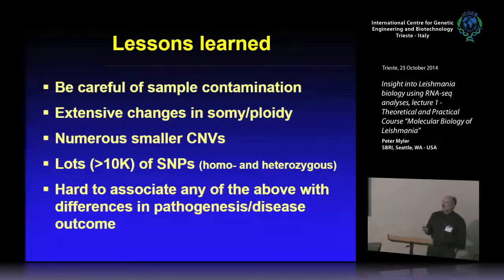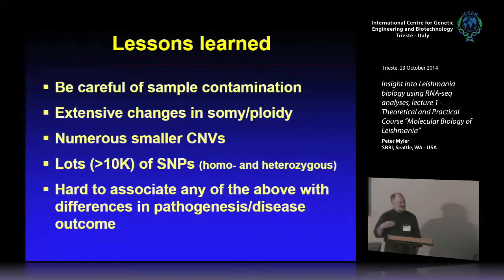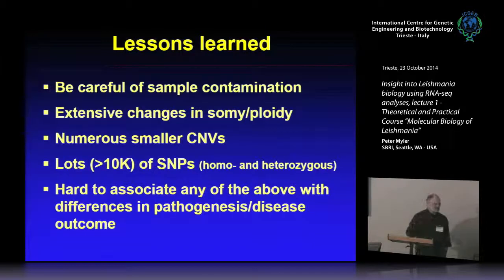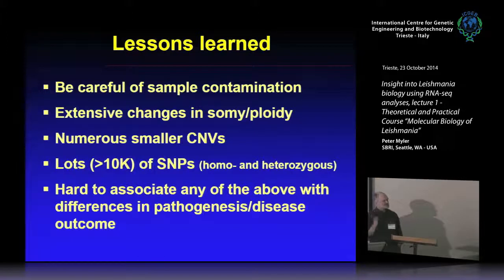Each Illumina data set, when you get it off the machine, is probably a couple of gigabytes, and by the time you've done the analysis, you're probably using 10 gigabytes per sample. So if you have 100 samples, you're up in the terabyte range, and that's expensive. In fact, at one stage, I think Matt Berriman at the Sanger Center said that it was actually cheaper to resequence the genome than it was to keep the sequence results.